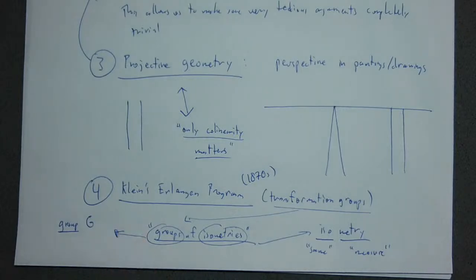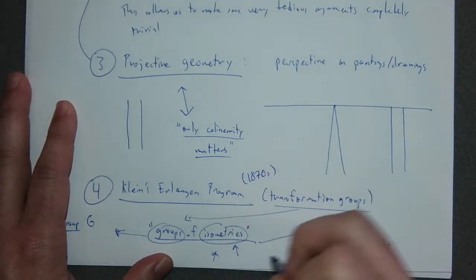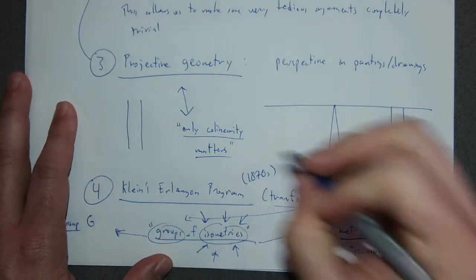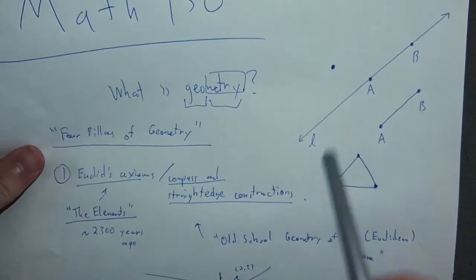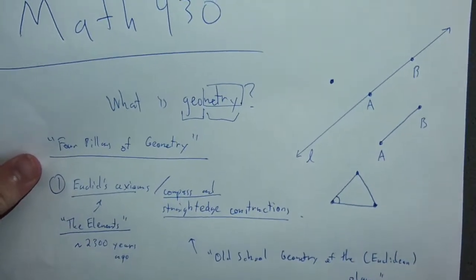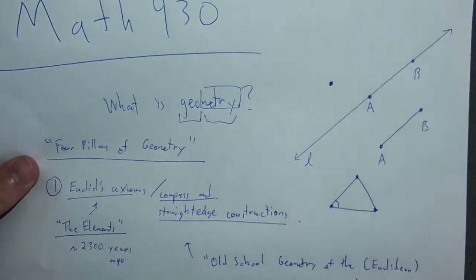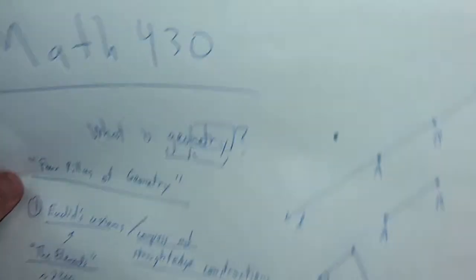This says that what are important are the isometries themselves, these transformations. And the reason these objects are important is because they are the objects that are fixed by the isometries. So it's kind of a backwards way of looking at things.